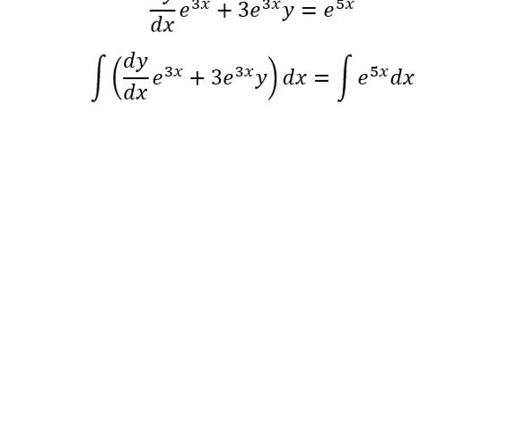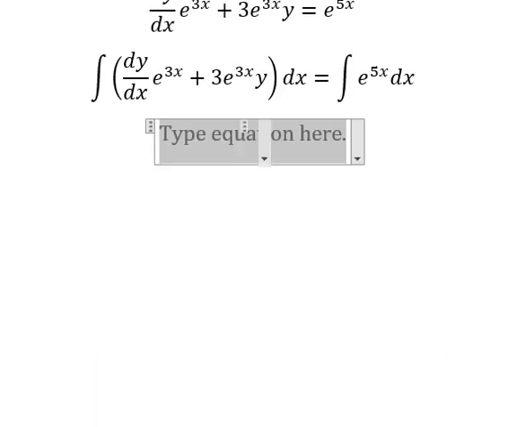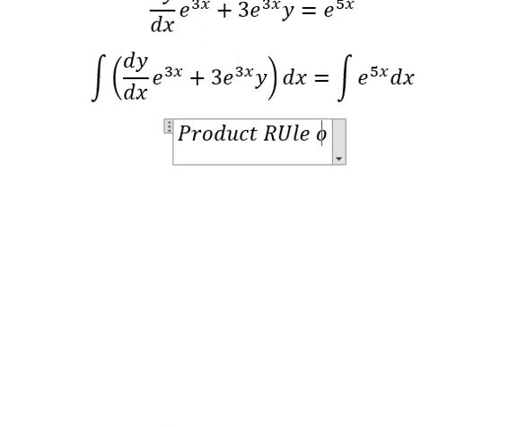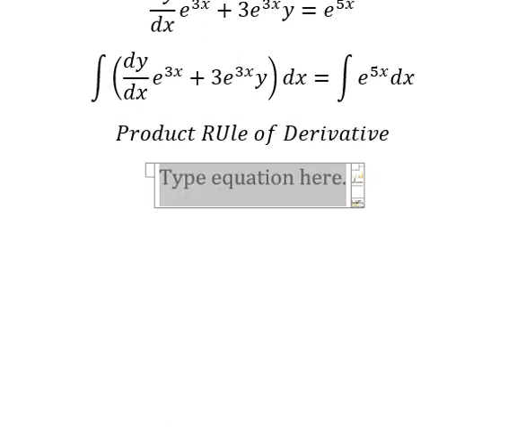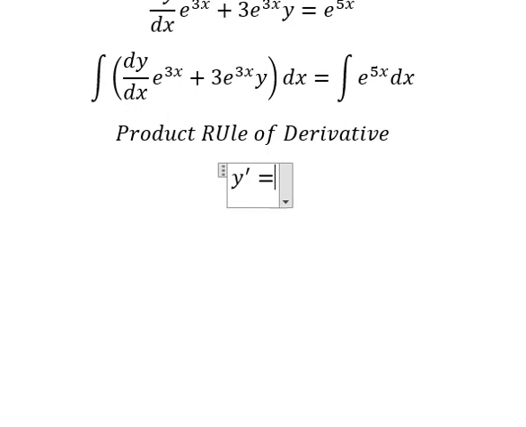So we can use the product rule of the derivative. We have the first derivative of y equals the first derivative of a multiplied by b, plus the first derivative of b multiplied by a.